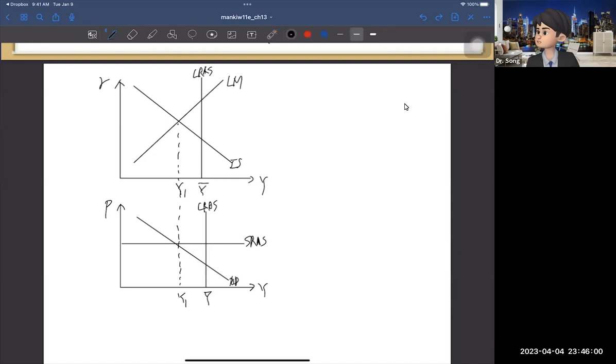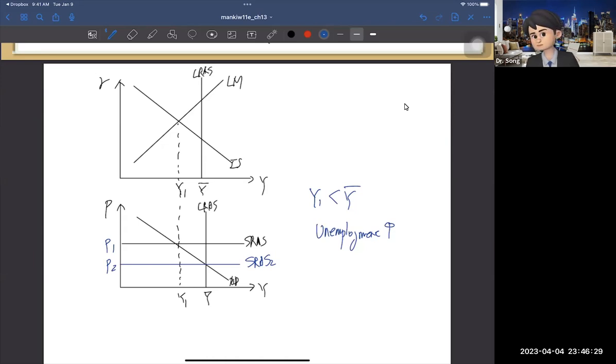Then what happens? Over time, the short run aggregate supply curve shifts downward to SRAS2, and the price decreases from P1 to P2. Why is that? Well, when Y1 is less than Y bar, you are producing less than before. That means the unemployment rate is high. Unemployed workers are willing to take any jobs because they want to survive.